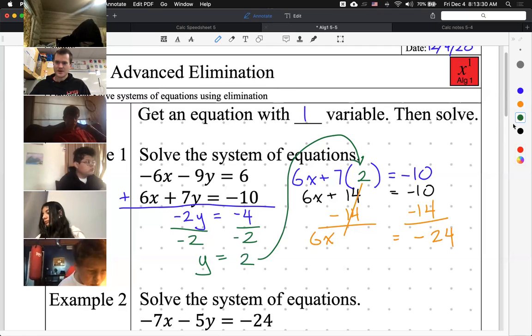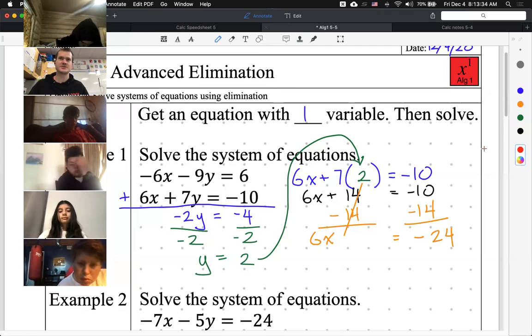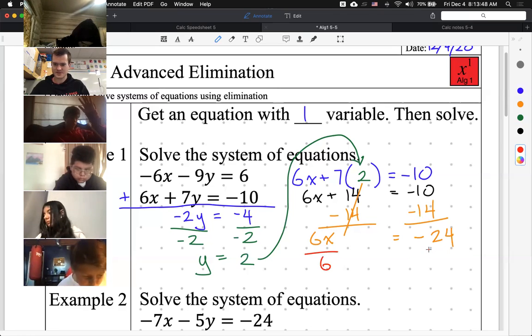Thank you. Our last step here to finish off our problem. What are we going to do to both sides with the quiet raised hand? Who have I not heard from today? It has to be either Ripley. Oh, yeah, Braden. Divide both sides by 6. There it is. And the 6 is obviously canceled out.